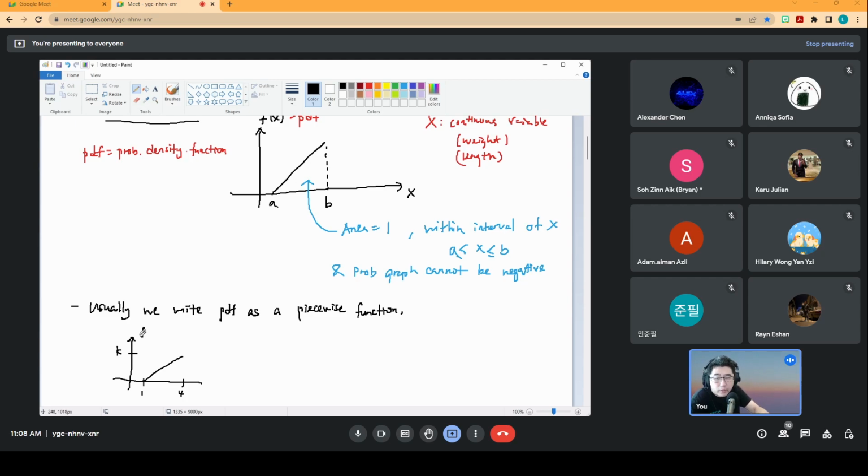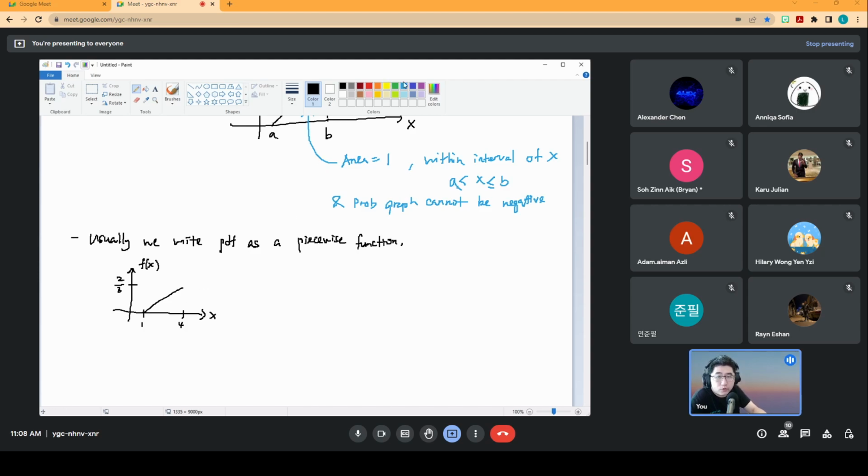This is my small letter f, this is my x. Let's say I have 2/3 here.